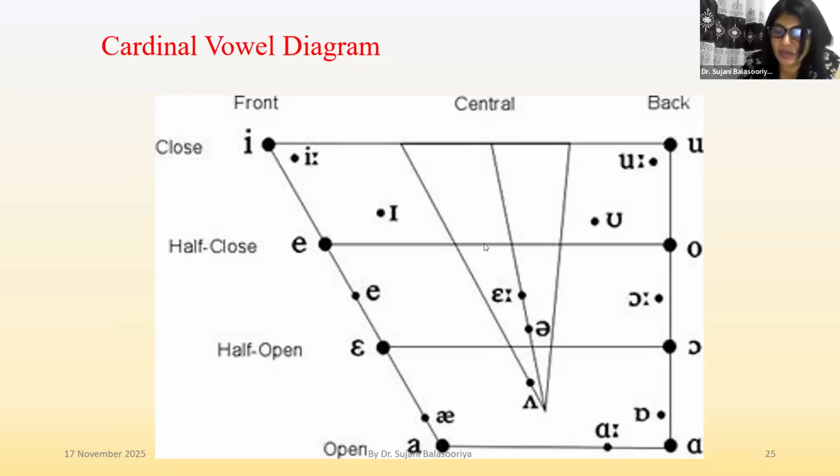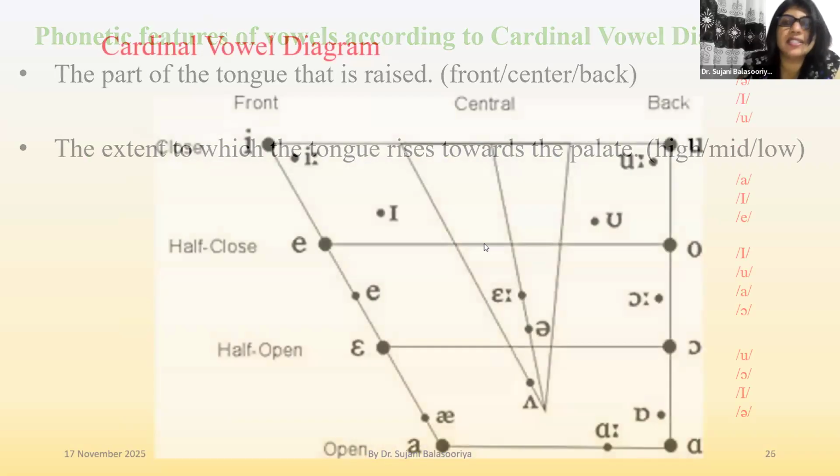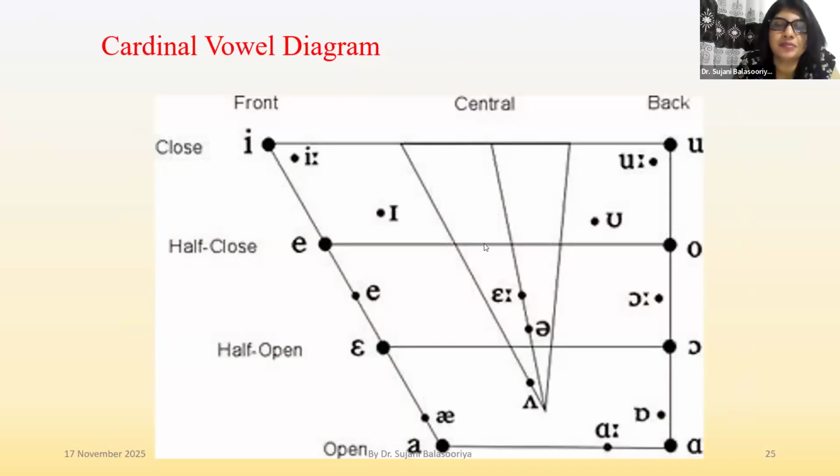And the importance of the cardinal vowel diagram is that we can locate the particular vowel sounds within the mouth. Now, as we have already discussed consonant sounds, you can compare consonants and vowels, right?